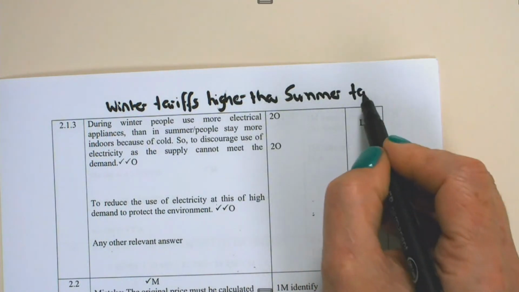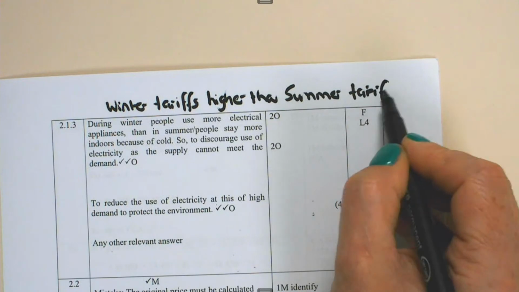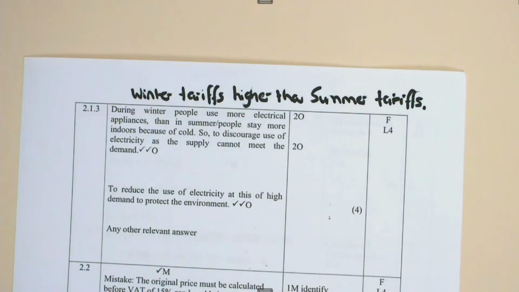Now it boils down to what was said there. And it was said that people are using more electricity in the winter. And the reason why they use more is that they are switching on a lot of appliances to make them warm. For example, they will suddenly use heaters and electric blankets to make them warm, more than what they do in the summer to make them cold.